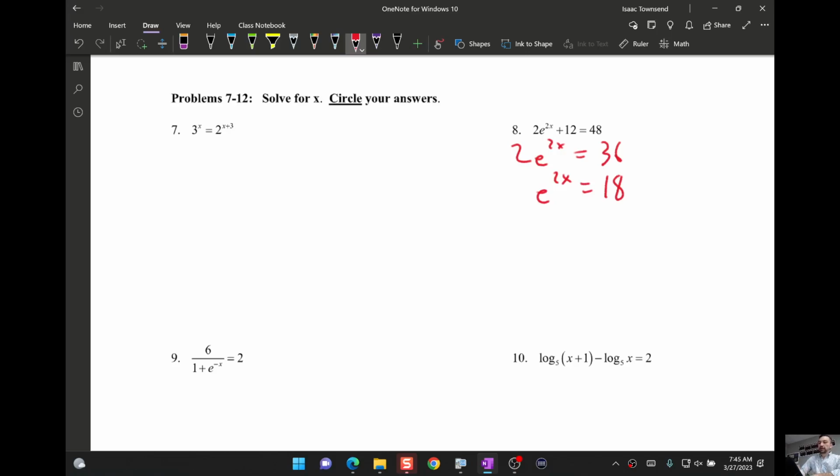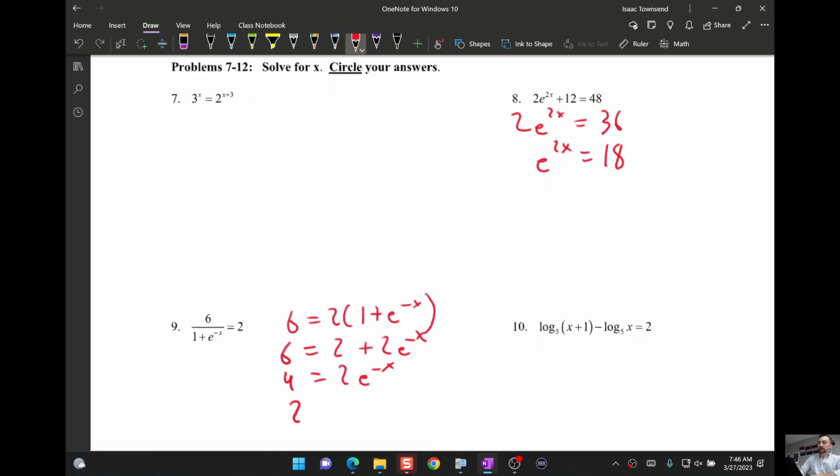And number 9, you could have multiplied both sides by 1 plus e to the negative x, and then maybe distributed the 2. And you could have subtracted a 2, and you could have divided by 2. There's a lot of steps that you could have done that still didn't involve logarithms yet.